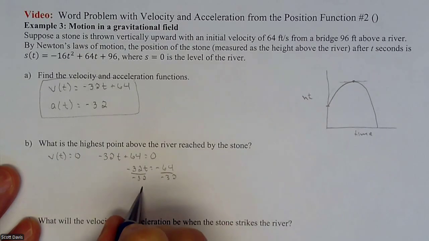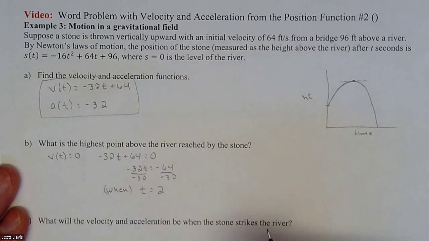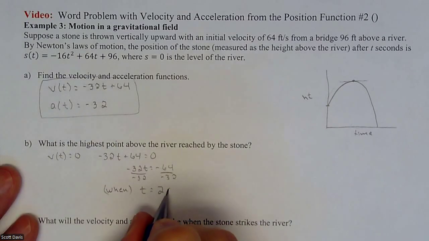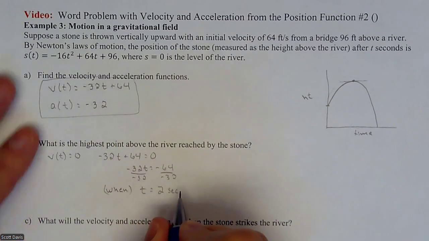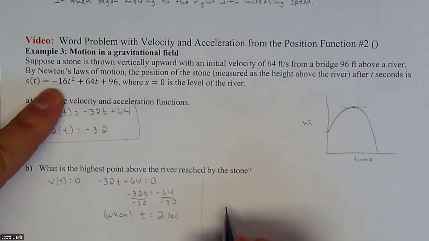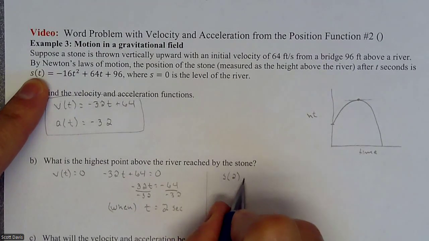We'll get a time of 2. So that is when we reach our maximum height. But the question is, what is the maximum height? Not when do we reach it. So we reach it at 2 seconds. So then we need to take our position function and plug in our time. So what is our position at 2 seconds?